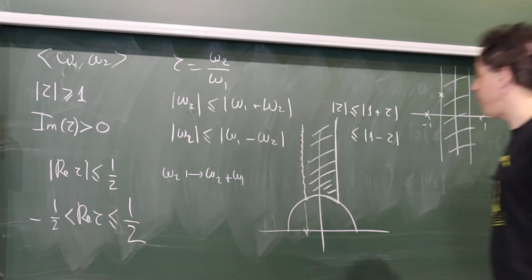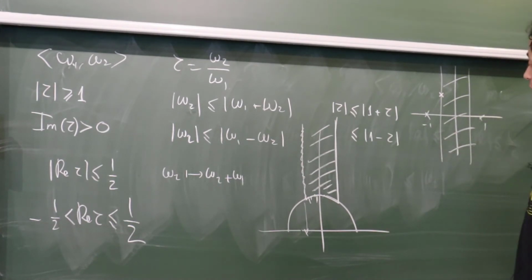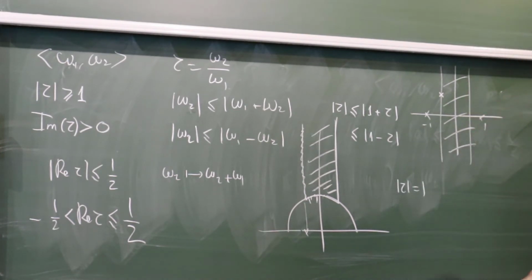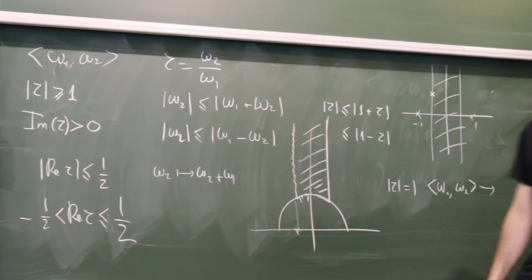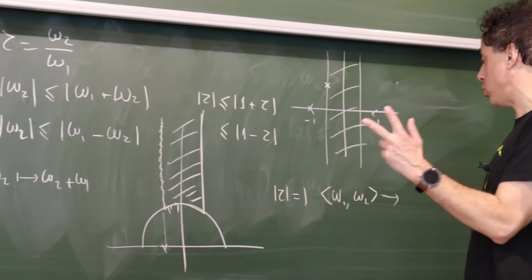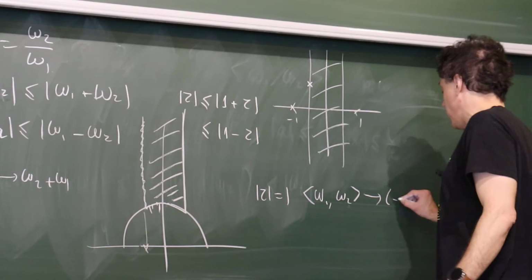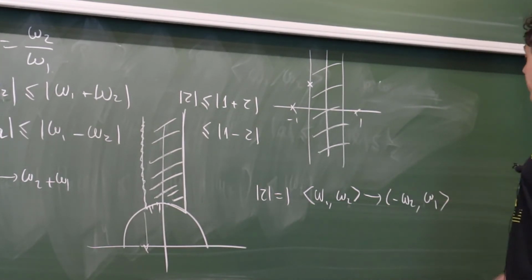Moreover, if tau was here, so if the modulus of tau is equal to 1, we could change the set omega 1, omega 2. In this case, omega 1 and omega 2 have the same modulus, so we could have changed omega 2 at the beginning. We can change omega 1 and minus omega 2, changing the order like this.